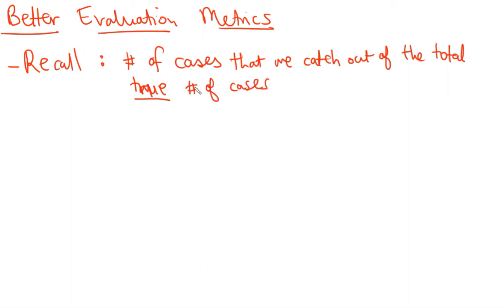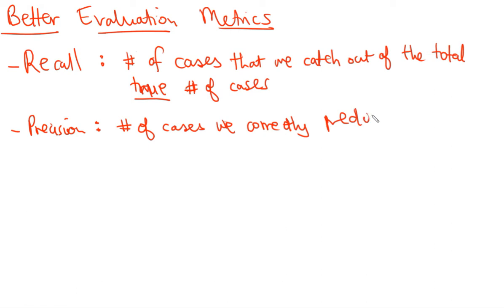So out of all the true number of cases, how many cases did we catch? That is your recall. And then your precision is defined as the number of cases we correctly predicted, or we correctly caught. So our model is going to predict some cases as fraud. It's going to give you some number, and then of those cases that we have predicted, how many of them are correctly predicted, how many of them are true.